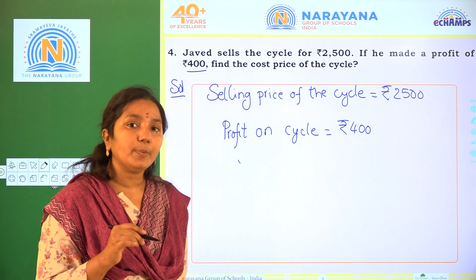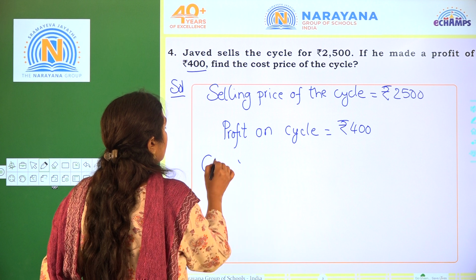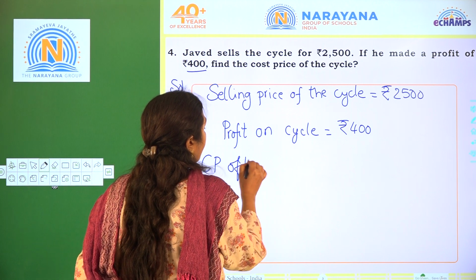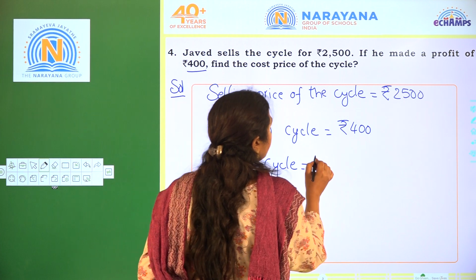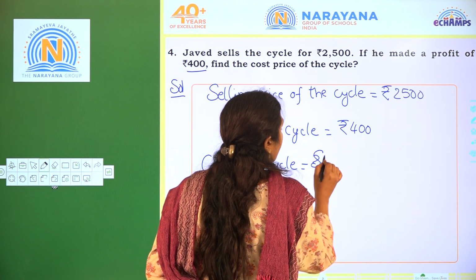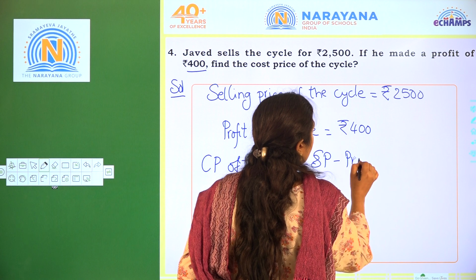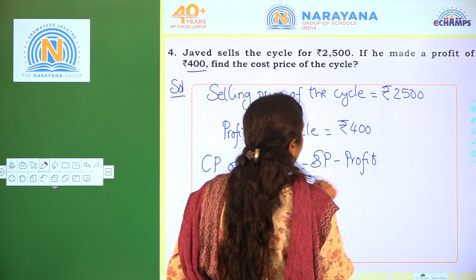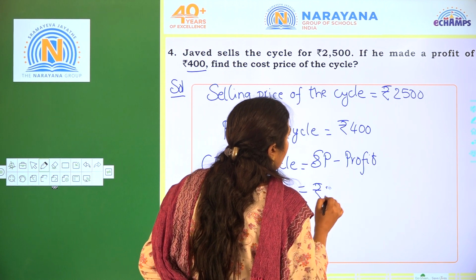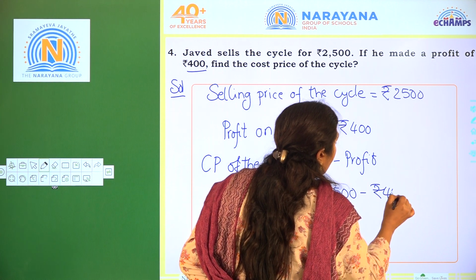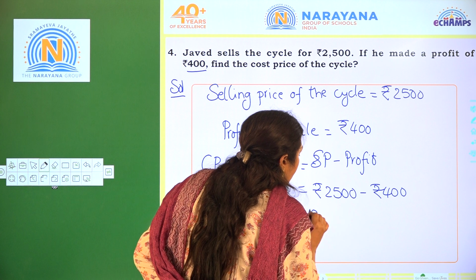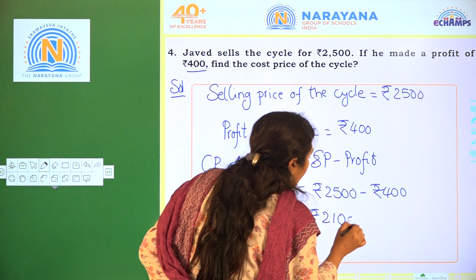How to find the cost price? The cost price CP of the cycle equals SP minus profit. What is the SP? Rupees 2,500 minus 400. What did you get, children? 2,100.